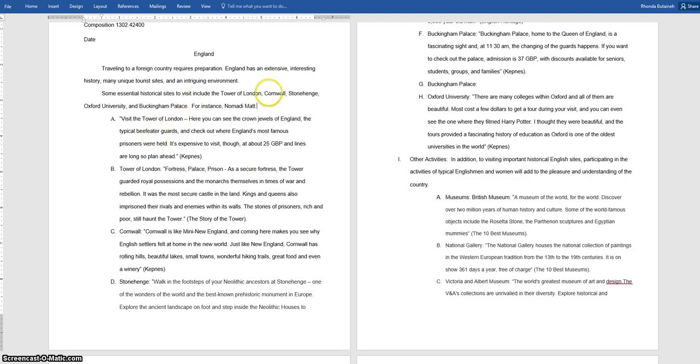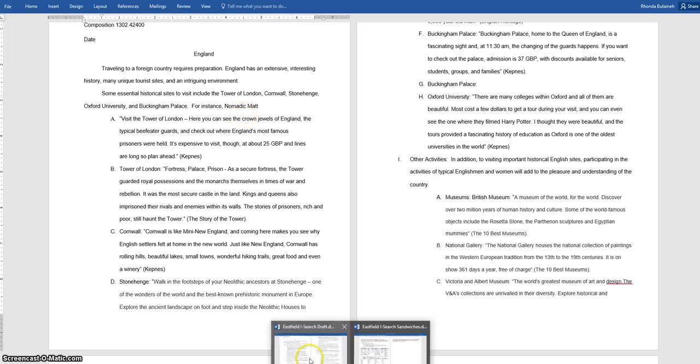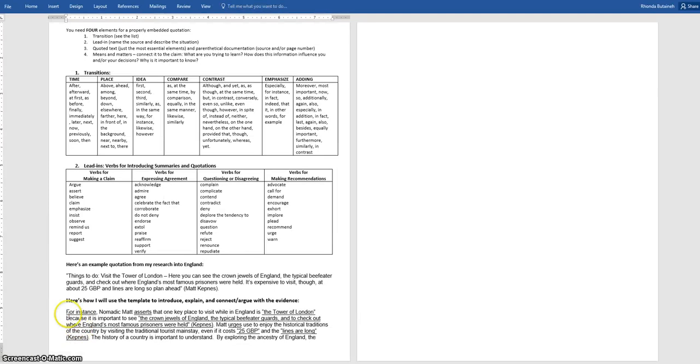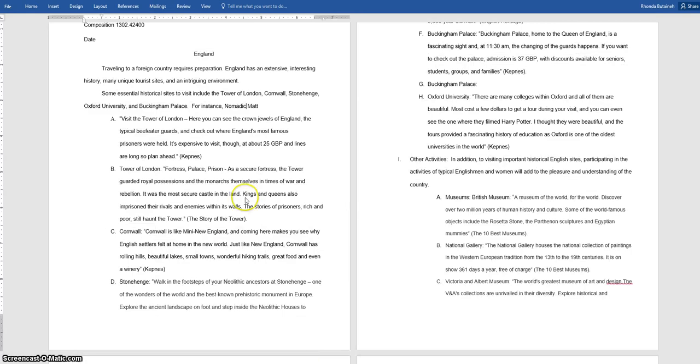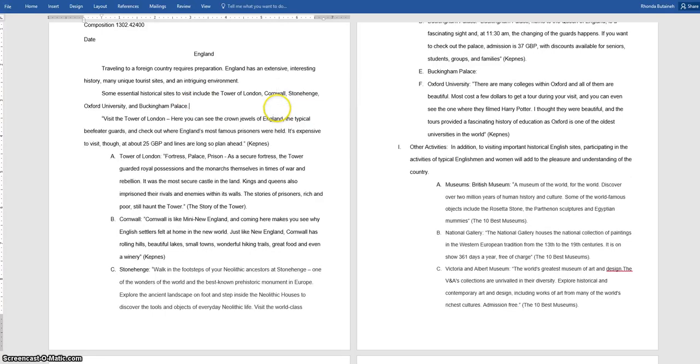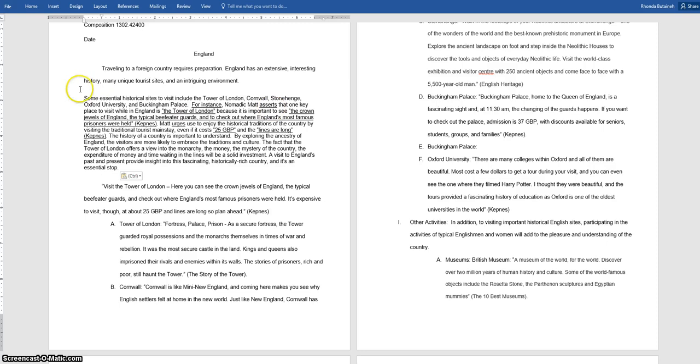I would add my transition, add my lead-in, and embed my bits of text evidence. Okay, because I already did that for the example, I'm going to take a shortcut and just paste it here. You will have to write yours. I already wrote it. I just want you to see that once you have your outline, it's very easy to convert it into an essay.